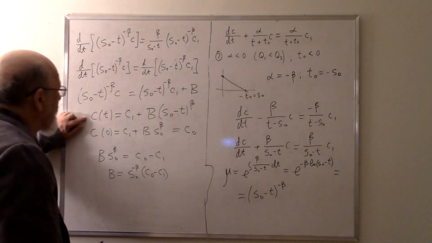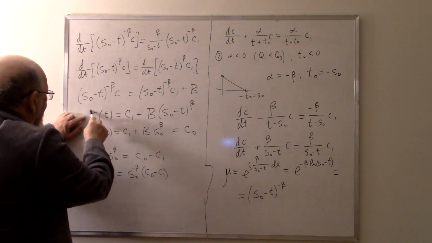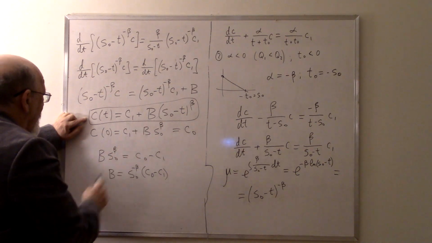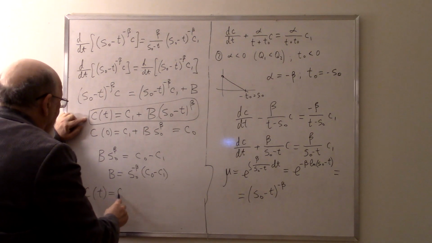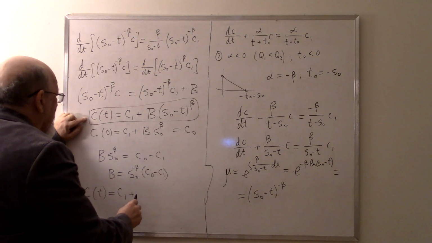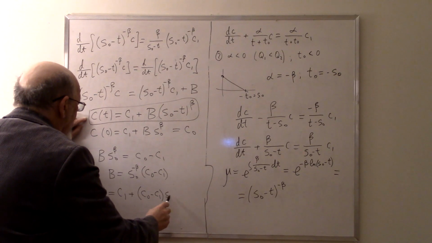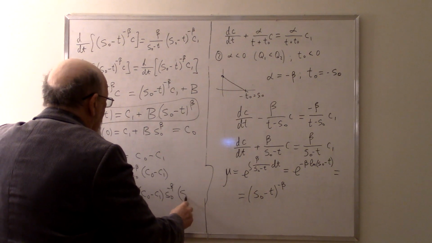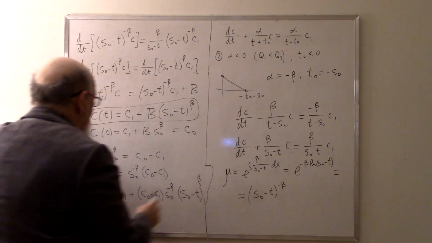And this solution, let us substitute this constant. C of t equals c1 plus (c0 minus c1) S0 to the power minus beta times (S0 minus t) to the power beta.